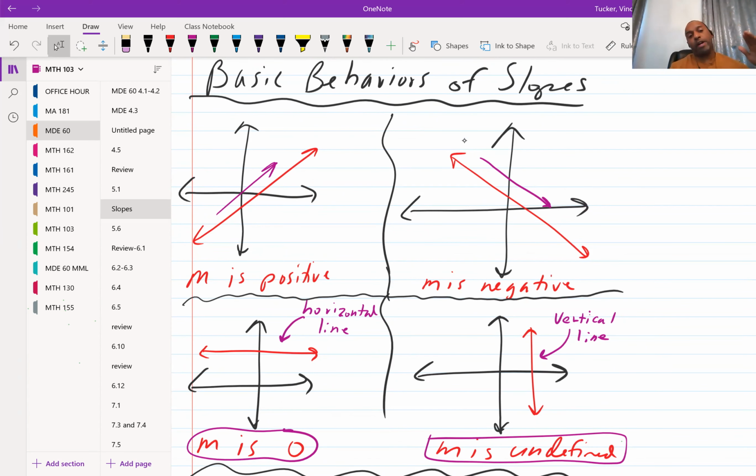If following your graph or following the line, your line goes up from left to right. We always follow from left to right. If it goes up, your slope is positive. If going from left to right, it goes down, your slope is negative. If it's a horizontal line, your slope is 0. And if it's a vertical line, your slope is undefined. So those are your 4 basic types of slopes: positive, negative, 0, undefined.